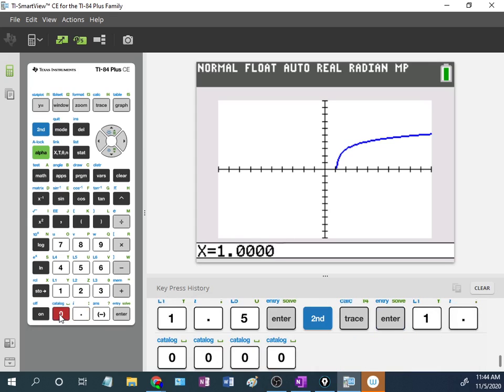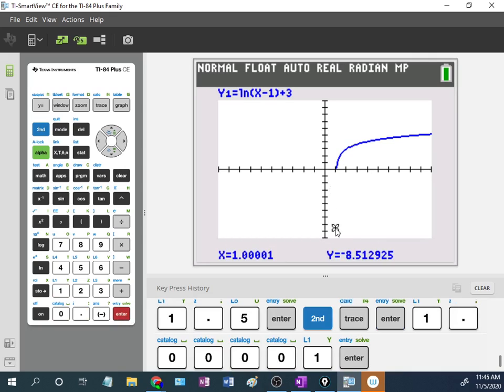How about that? It says it's there, but the graph was not drawn, right? The number is negative 8.5. So I convince you, the drawing of this curve should go down, down, down. That's how you can check. So don't trust this calculator when you graph a logarithmic function.